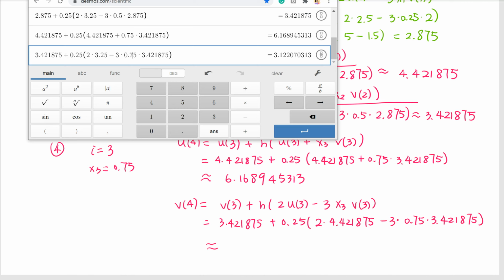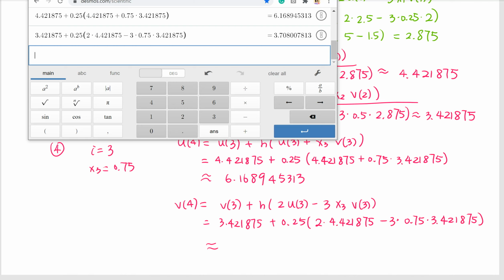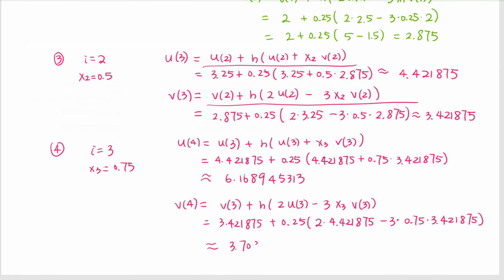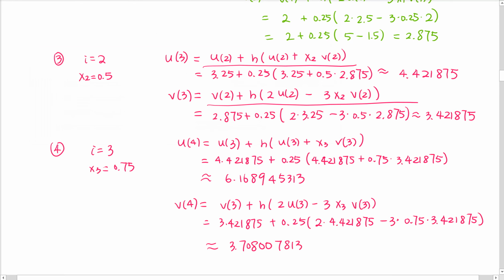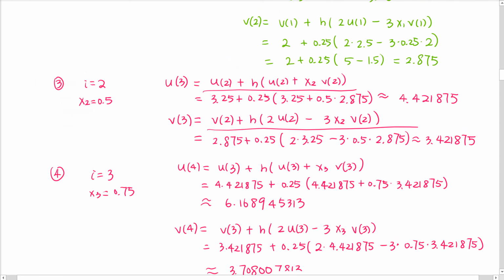Here's 0.75, and then this number copied down here. Okay, so you can also type the whole thing again. Alright, double check what we type. Yep, good. Okay, so the answer is 3.70800 and then we have 7813. So this is u4.